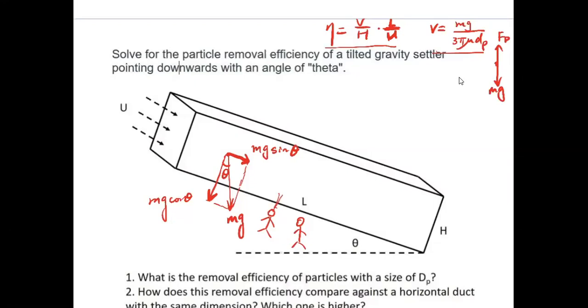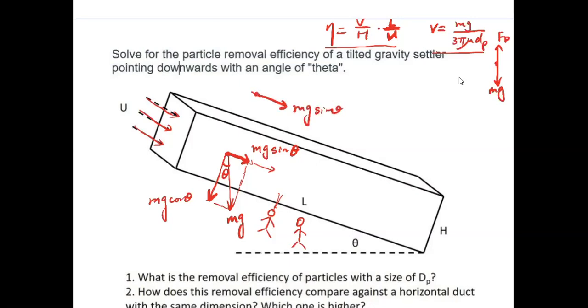What you can see is that there will be an extra force pulling the particles in this way, making them exit the duct. Originally the particles just go with the flow, and now they have an extra force, so the particles will move faster. To find how much faster, we again balance the drag force with this extra force.